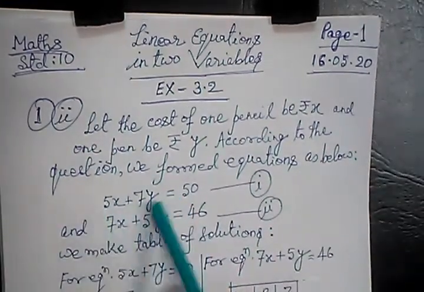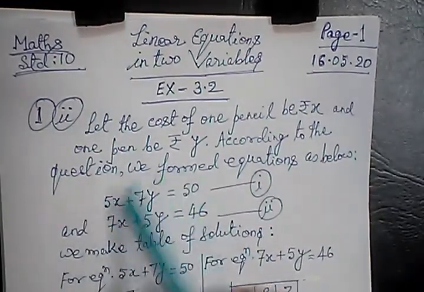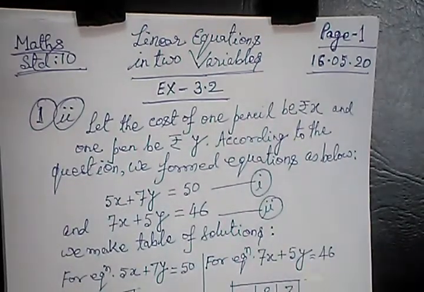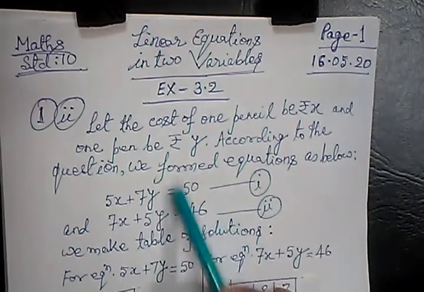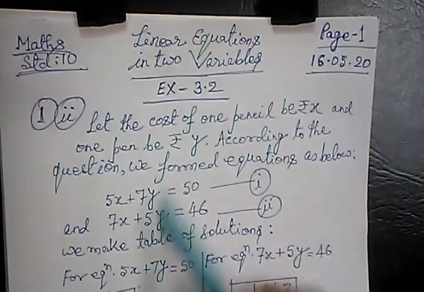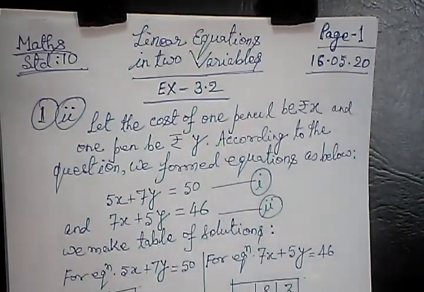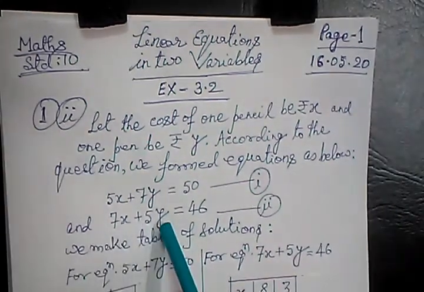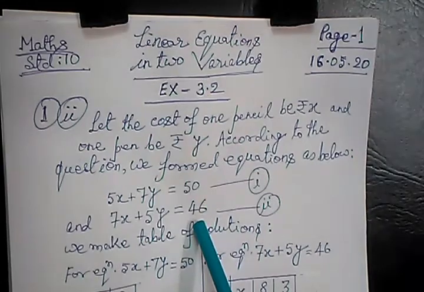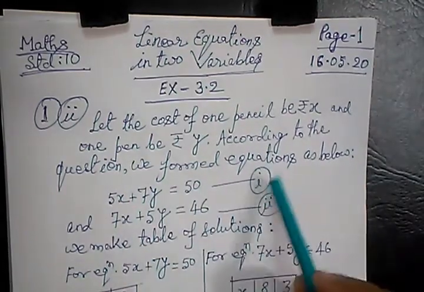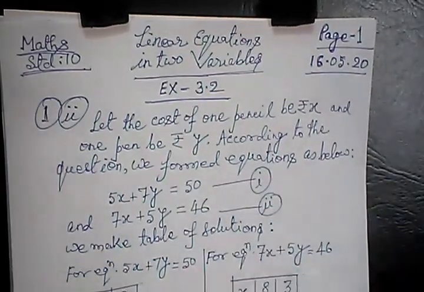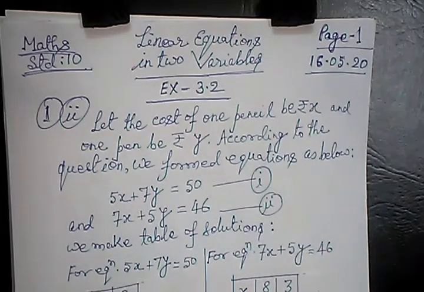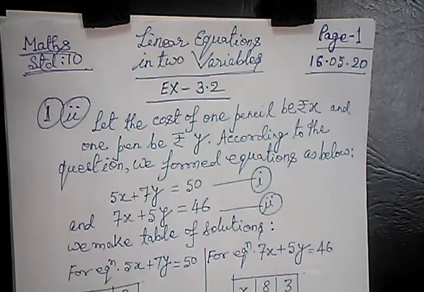The sum of both, the total amount, is equal to 50 rupees. And in the second case, it is 7x plus 5y equal to 46. So this is equation number 1 and this is equation number 2. You name the equations, equation number 1 and equation number 2.